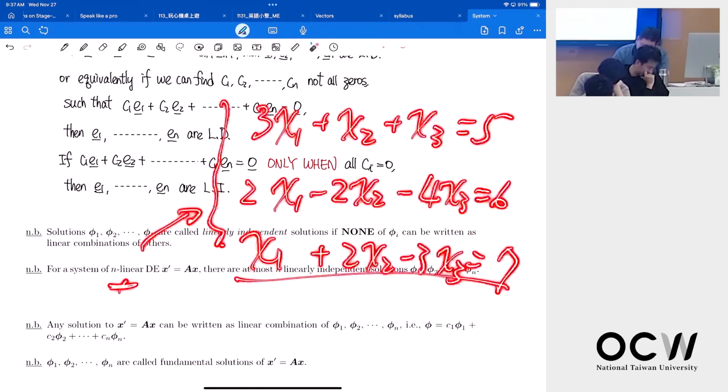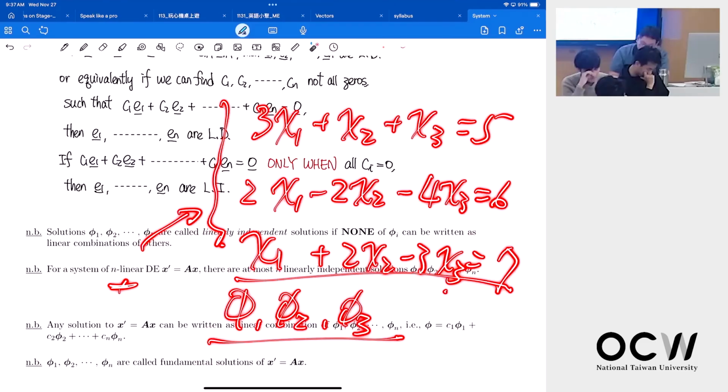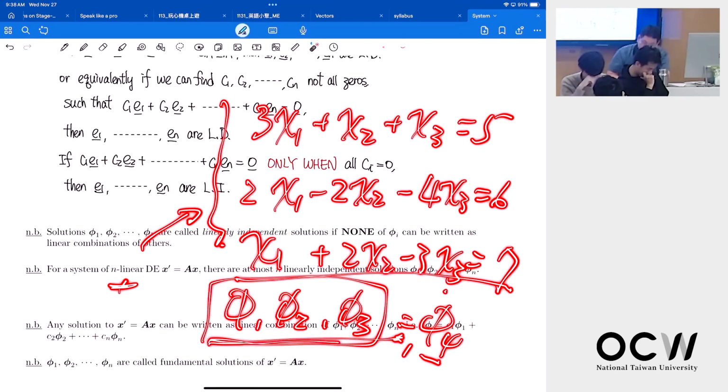For this system, I can only find phi 1, phi 2 to phi 3, at most 3 linearly independent solutions. I cannot find phi 4. Phi 4 will be a linear combination of those previous 3.